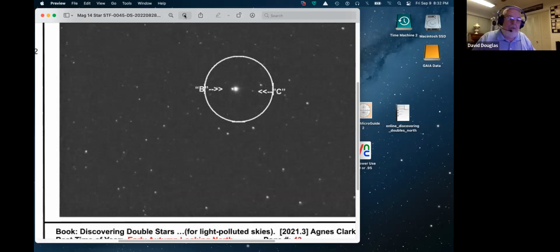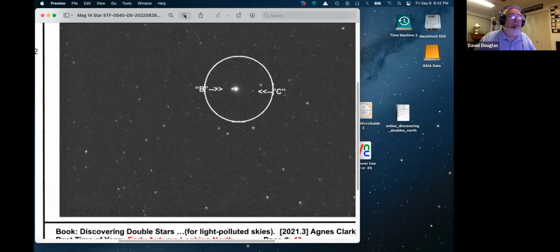I got a larger, smaller star for A and B. But if you look where I have it marked for C, that's a mag 14 star. Now, a lot of people have difficulty even seeing a mag 14 with their telescopes. Mainly, they're dim, but they're also very, very small. With the camera, you can resolve usually down to at least a 14.